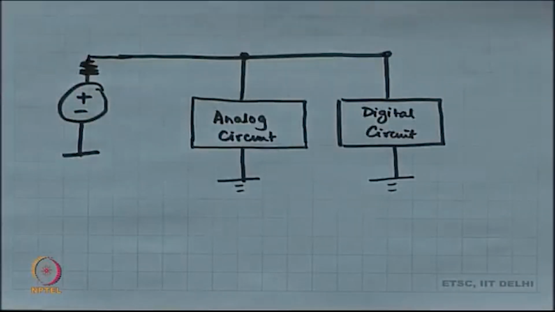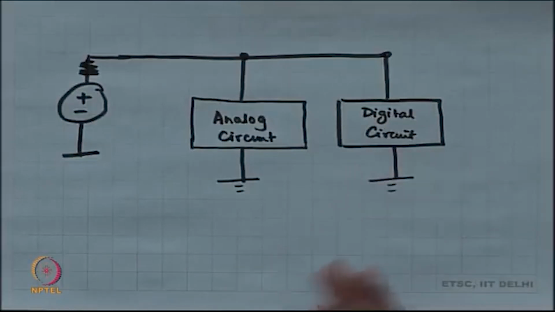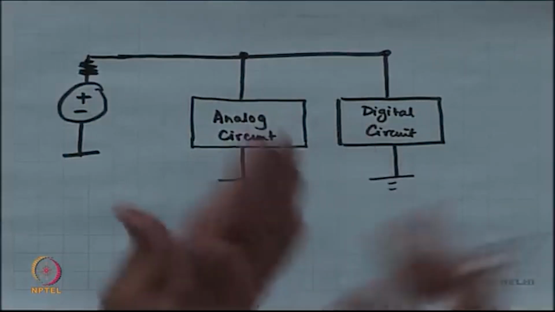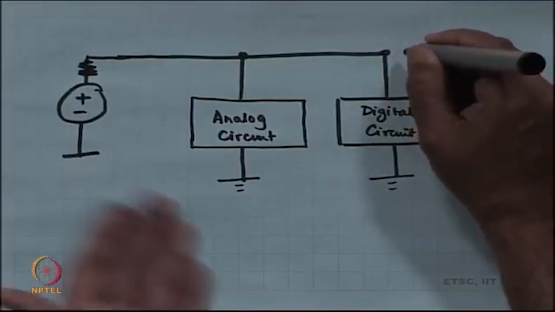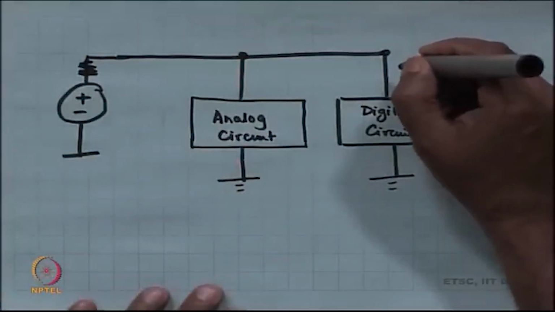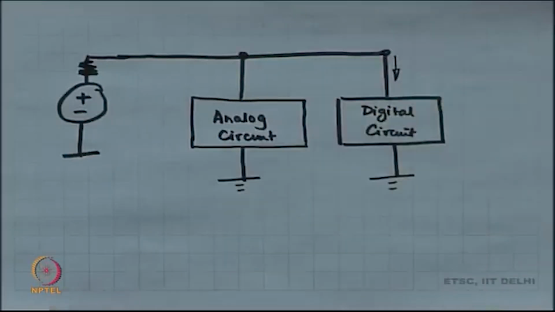Now, when you are clocking your digital circuit up and down, let us say there are flip flops, AND gates, NOR gates, NAND gates, some signaling is happening. When there is a change in the output of these gates or some activity in the flip flop, then current is going to be drawn at that instant.